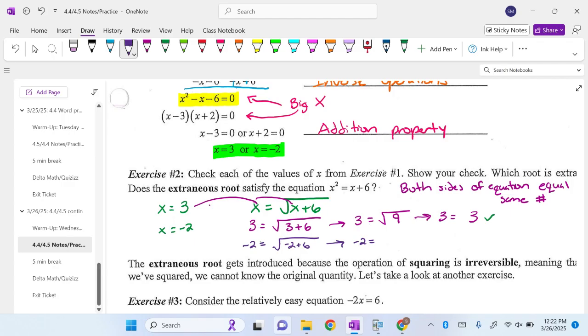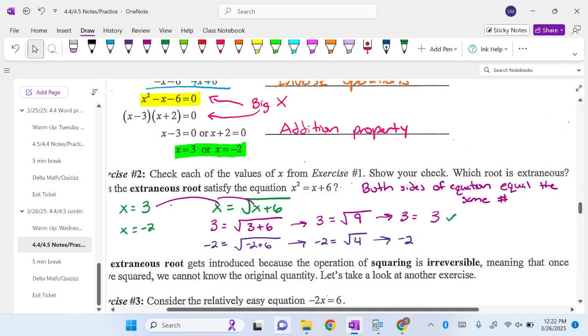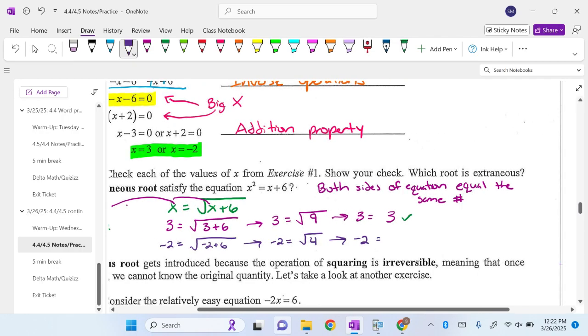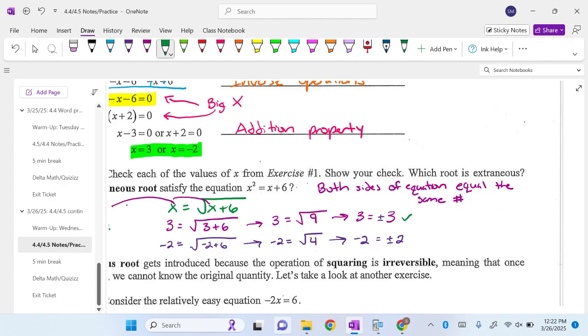So negative 2 would be equal to the square root of 4, which is equal to plus or minus 2. Yeah, I'm keeping the plus or minus. So, does it satisfy? Does that plus or minus 2 include negative 2? Yes, so it does satisfy. So in this case, we don't have an extraneous root.